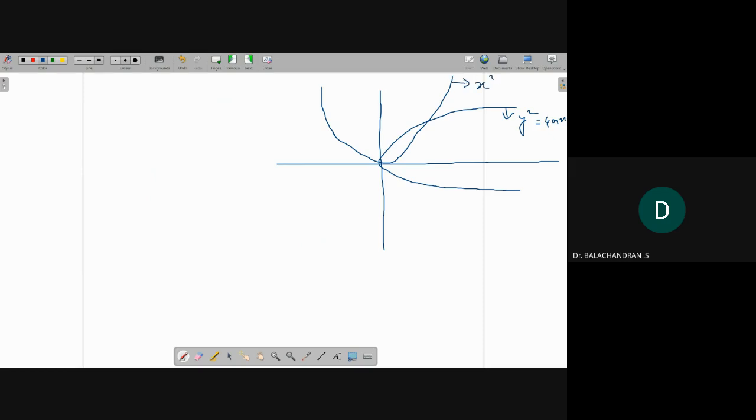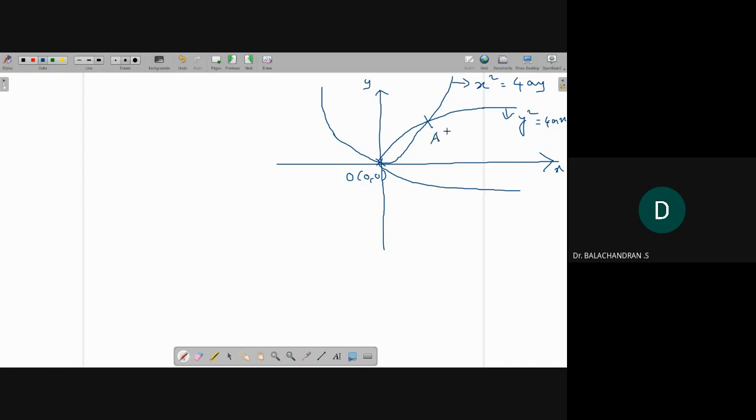This is the origin 0, 0, x-axis, y-axis. So this is the point A.